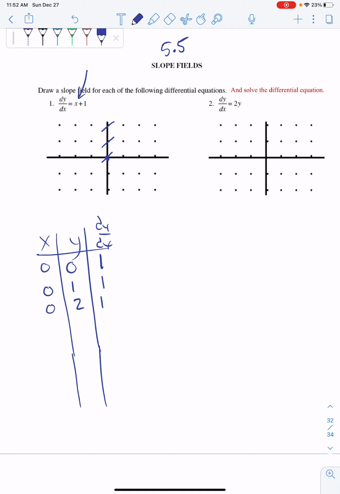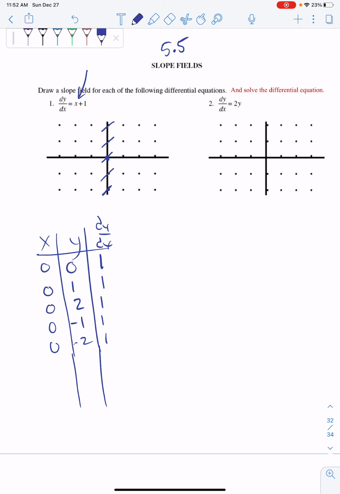And if you haven't noticed the pattern yet, even if I plug in 0, negative 1, I'm still going to get a slope of 1. 0, negative 2, I'm going to get a slope of 1. Since there is no y value to plug in, it doesn't matter where I'm at with my y values. My answer is always going to be the same.